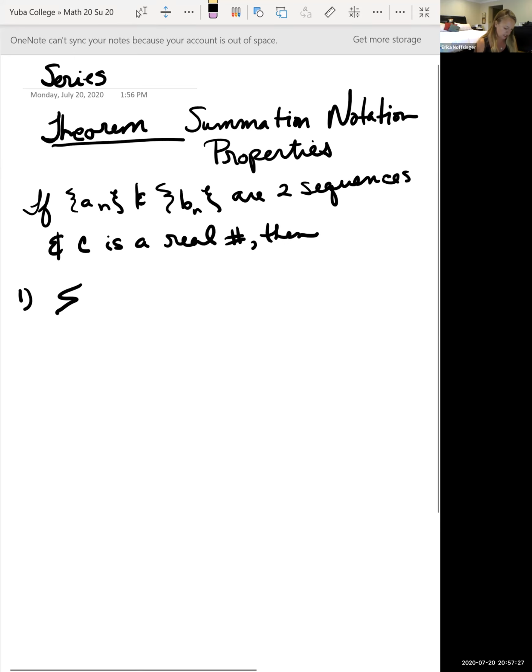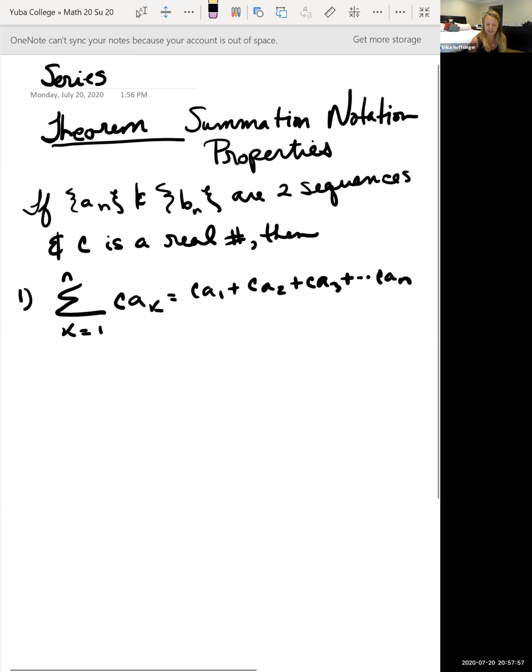So we have the summation, k equals 1 to n of C A sub k. Well, basically, if you did this, you would look at C times A sub 1 plus C times A sub 2 plus C times A sub 3 dot dot dot C times A sub n.